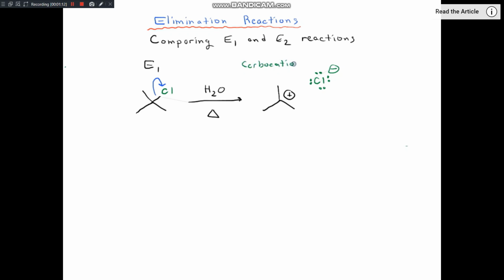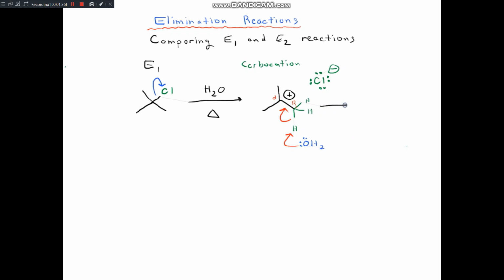Of course, in this case, we've got a tertiary carbocation, which is considerably more stable than secondary or primary carbocation. And that is where our molecule of water can come in and take a proton away from what we call the beta carbon here, adjacent to the carbocation.